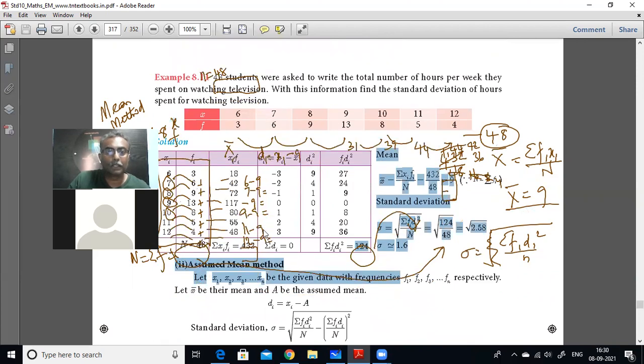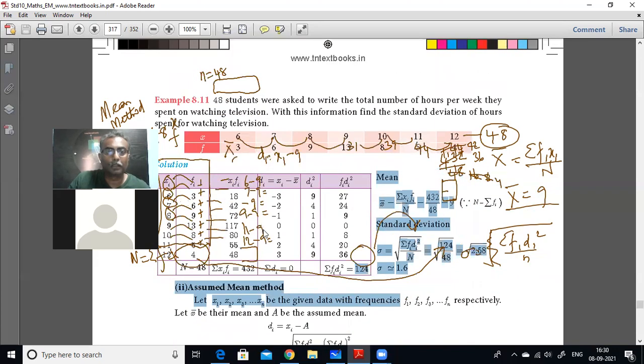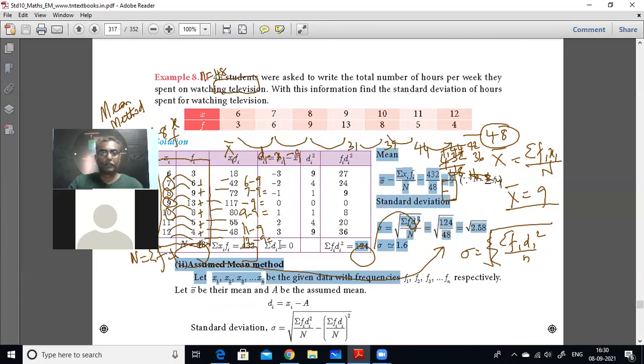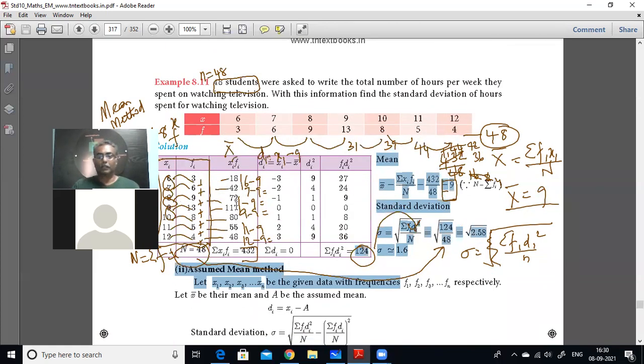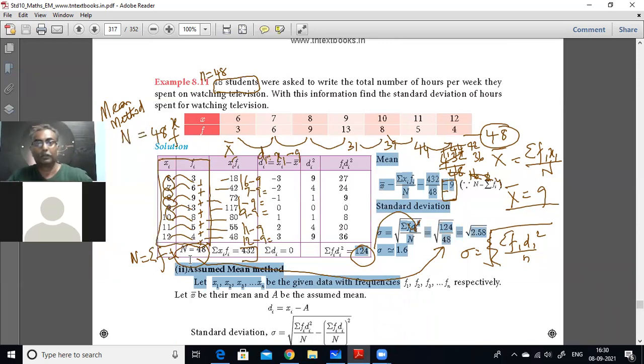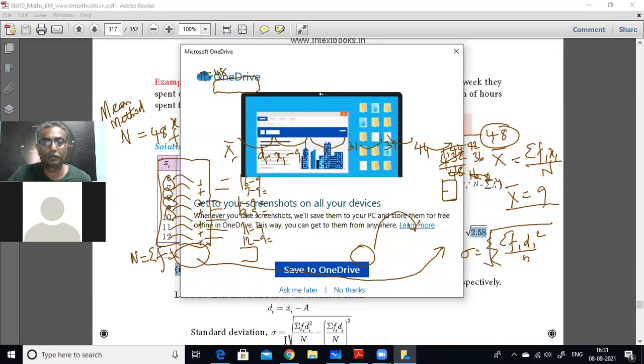Not able to place it correctly. Okay, somewhere like that you have to place it. I will take a screenshot of this and put it in your WhatsApp.